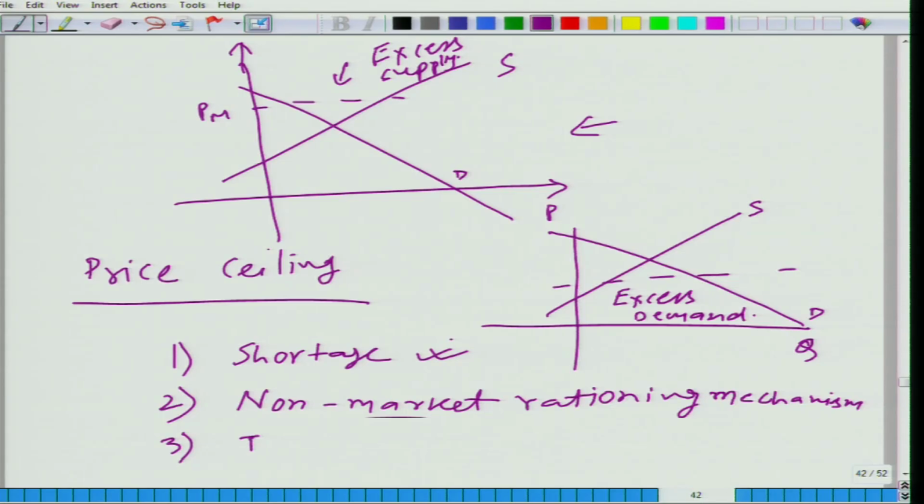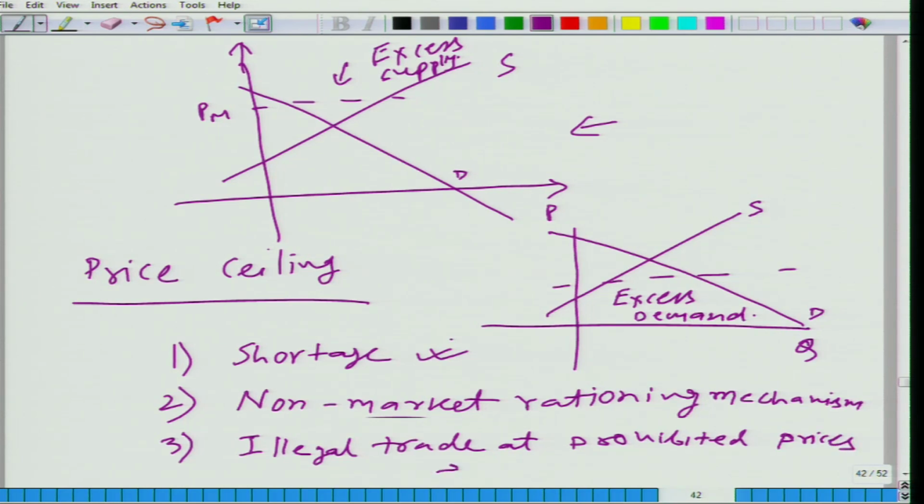Now, we can also think about the rise of the black market, or in other words, illegal trade at prohibited prices. This is one kind of black market.